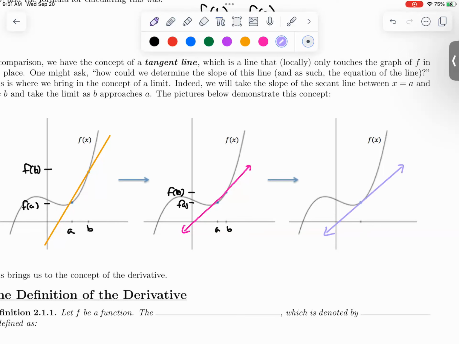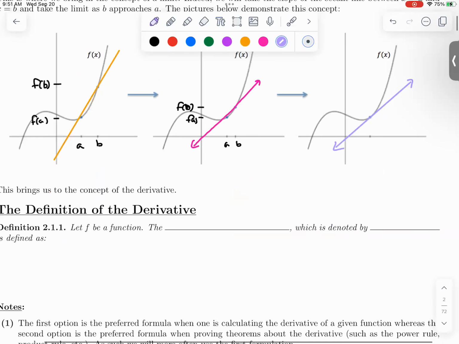So let f be a function. Then the derivative of f, which is denoted by f prime of x, the way we say this is f prime. So the one line there we call prime.